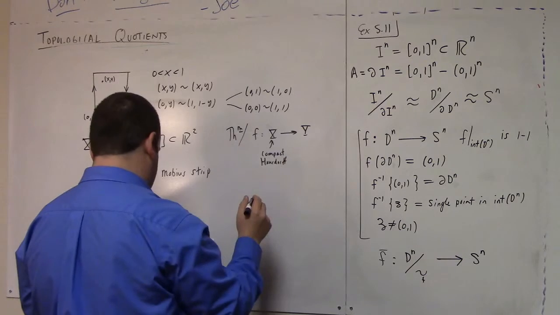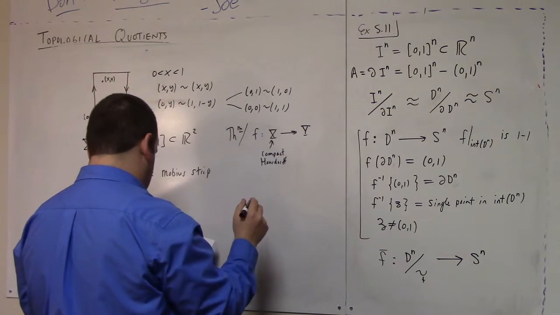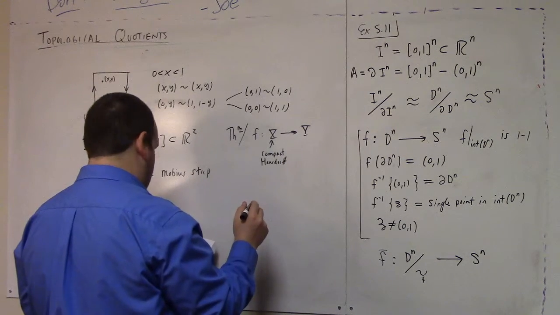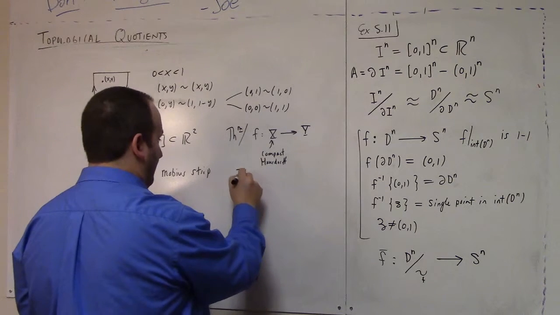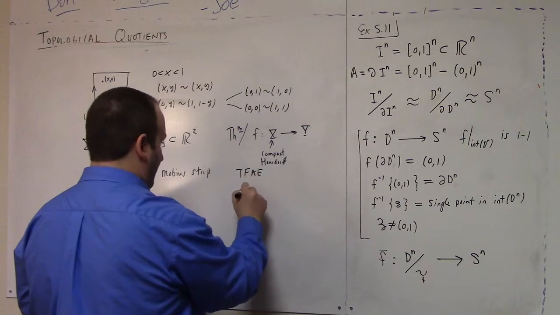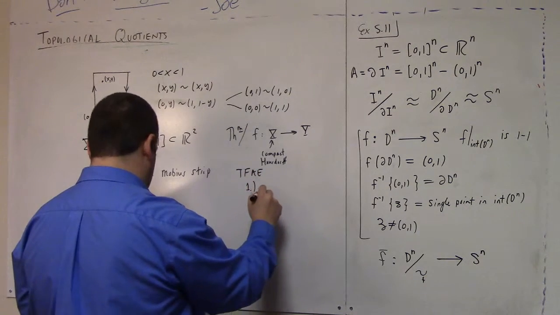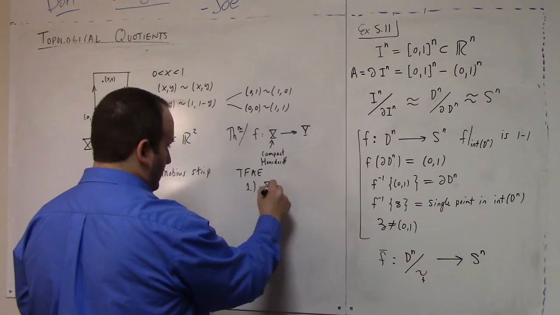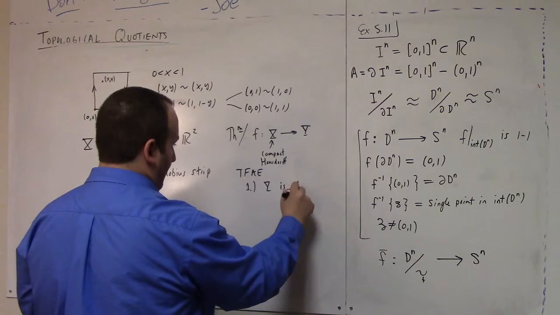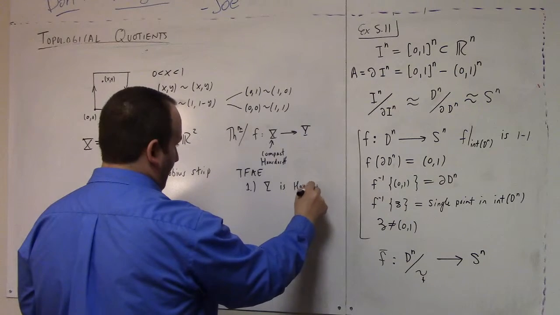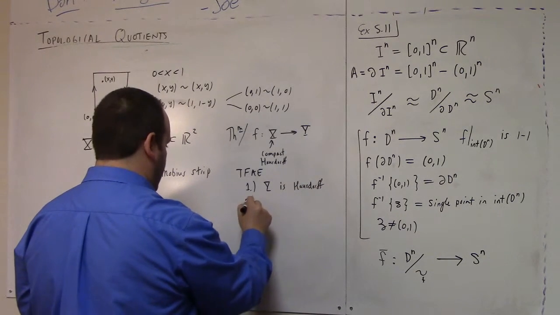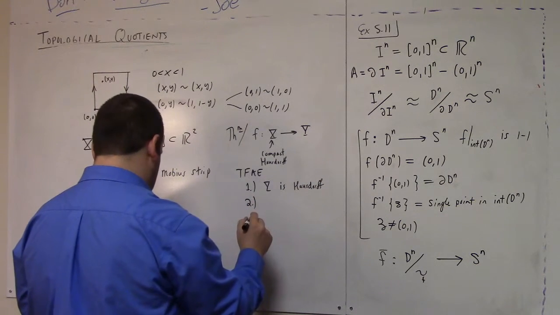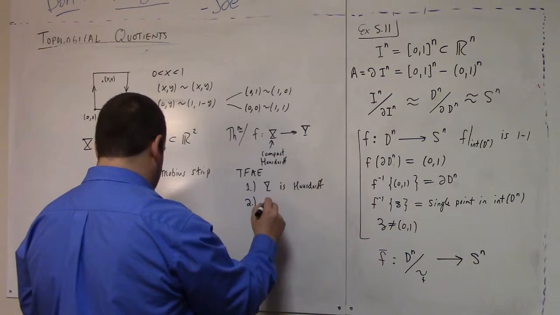That's it. The following are equivalent. One: Y is Hausdorff. Two: f is a closed identification.